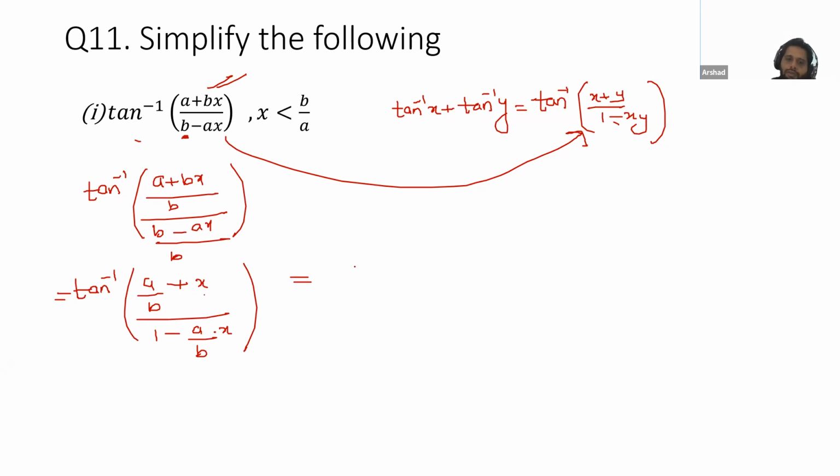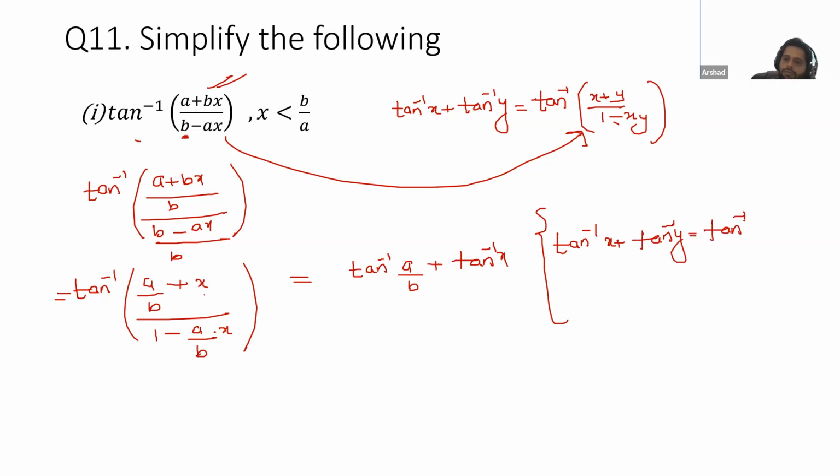So we can write like this: tan inverse A by B plus tan inverse X, and in the bracket please write the same formula. Tan inverse X plus tan inverse Y is equal to tan inverse (X plus Y) by (1 minus XY).